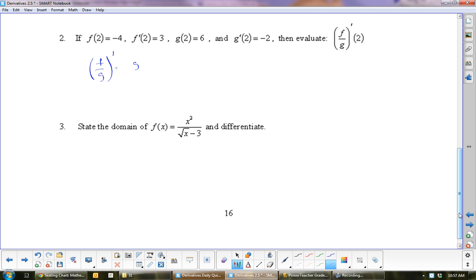So g of x times f prime of x, minus high, which would be f of x, times the derivative of low, which would be g prime of x, all over g of x squared.